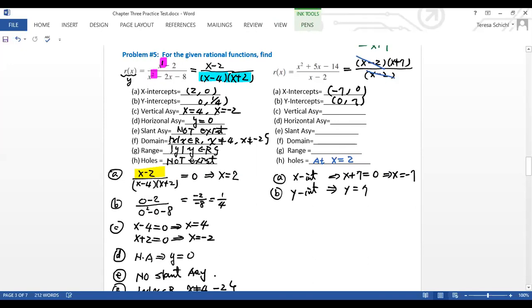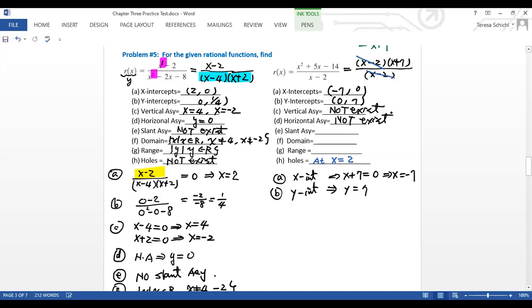Do I have any vertical asymptote? No, right? Because the denominator factor cancels out. So we say it does not exist. Do we have any horizontal asymptote? The horizontal asymptote does not exist either.